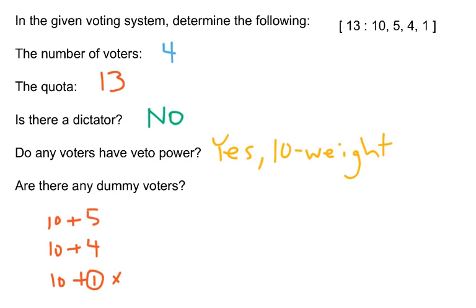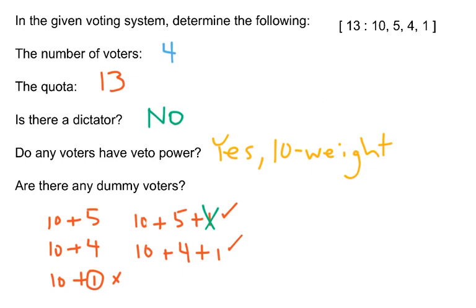Let's be a little more organized here. If I put the 10 with the 5 with the 1, that would pass a motion, but the 1's not really necessary. What if I have the 10 with the 4 with the 1?